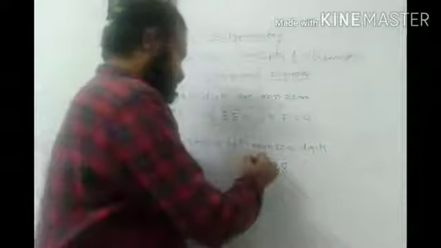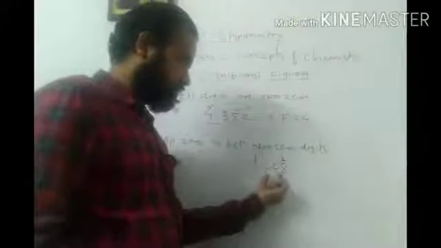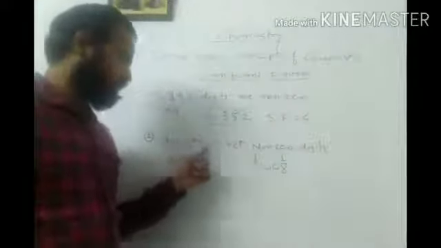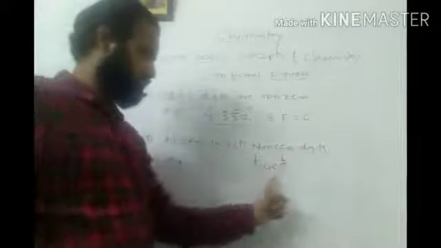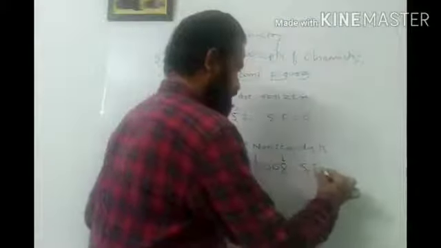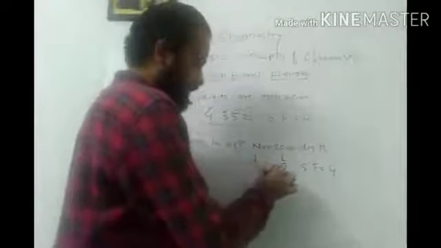In this example, the first and last digits are non-zero digits and zeros are trapped in between them. As per the rule, all zeros in between non-zero digits are also significant. This means I have to count these digits while writing down the significant figures. So the significant figures for this number are also 4: first, second, third and fourth.